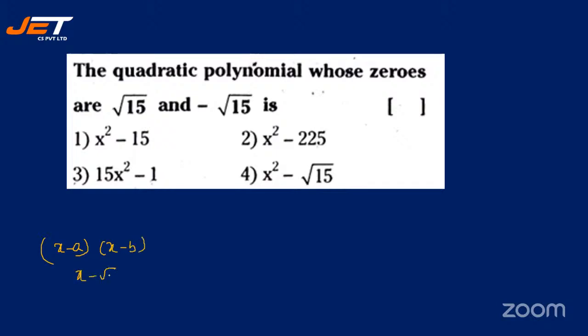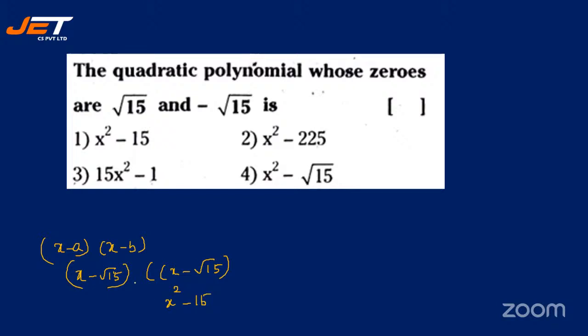So x minus root 15, next, x plus root 15. So what happens? x squared minus 15.